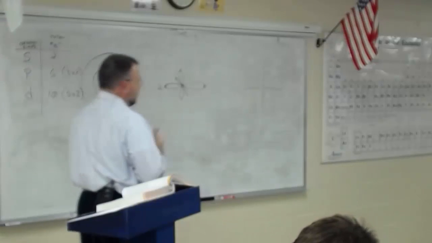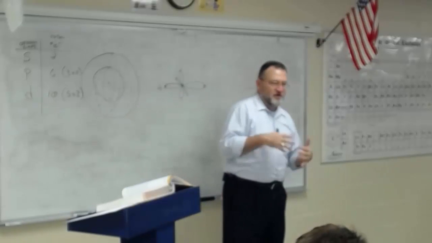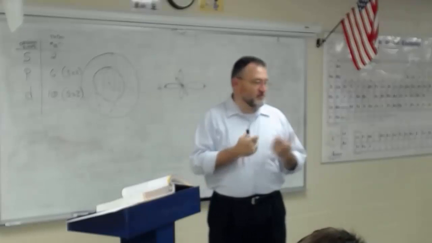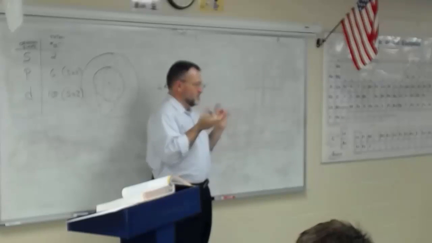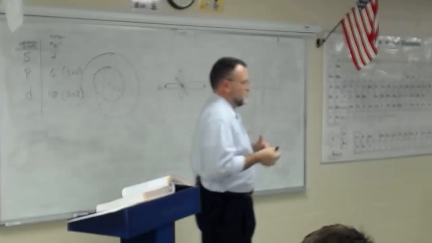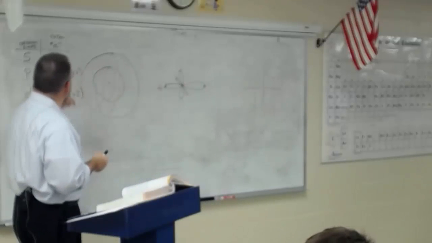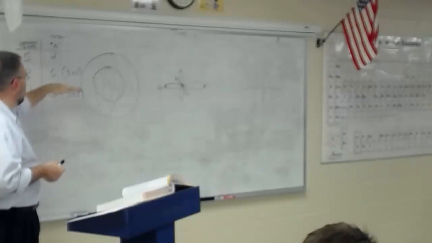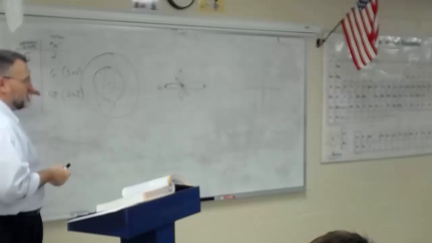I don't think it's at this level for this course, but just for your own knowledge, the reason they can only hold 2 electrons is because of the spin on the electrons. These electrons are going to have counter rotations. You can't have 2 electrons in the same orbital spinning in the same direction. So 2 electrons can fit into an S shell, 6 electrons into a P shell, 10 electrons into a D shell.